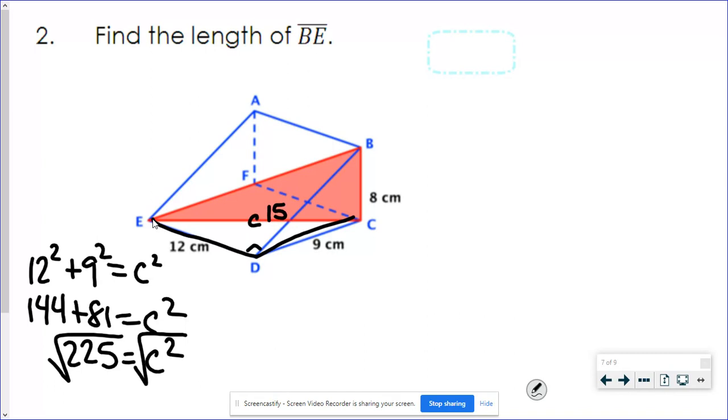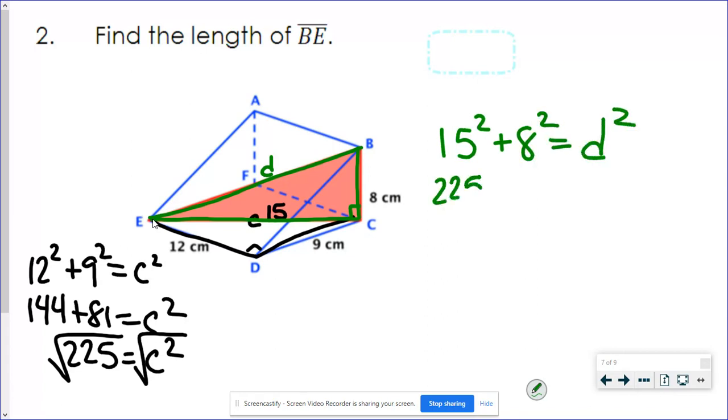Now I'm going to use that 15 with this height of 8 to be able to find this diagonal. Let's actually call this, instead of a C, let's call it a D for the diagonal of the entire shape. So I've got the 15 and the 8. So I would have 15 squared plus 8 squared equals, we're going to say D squared.